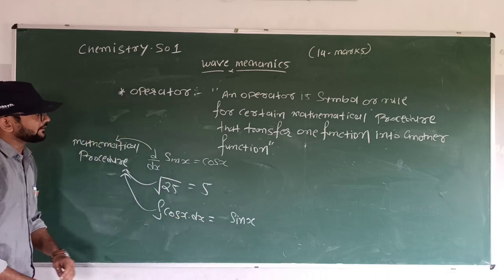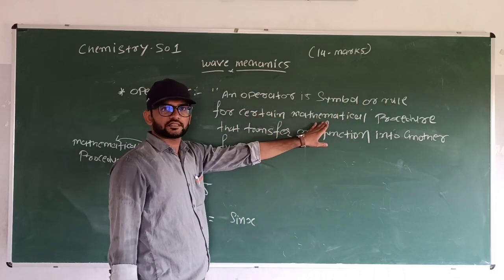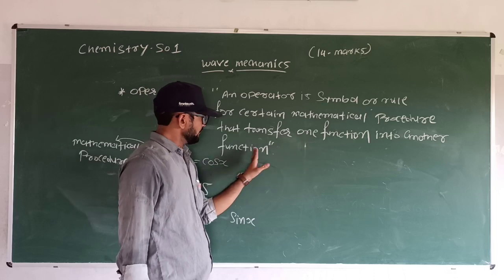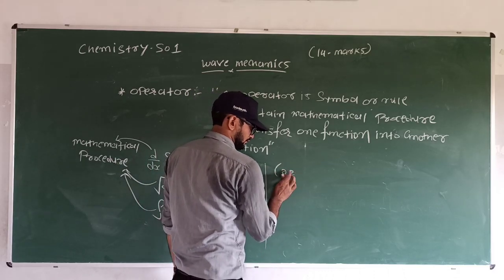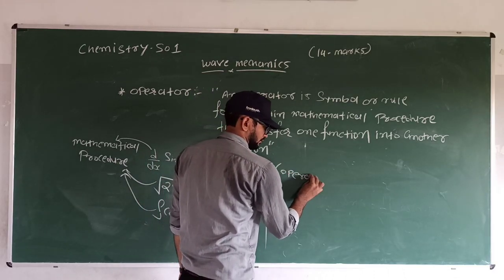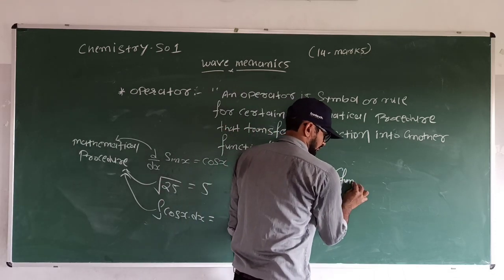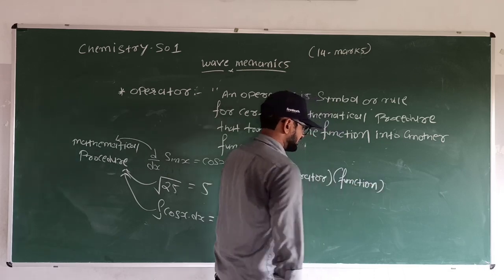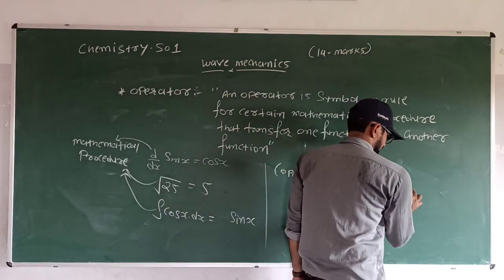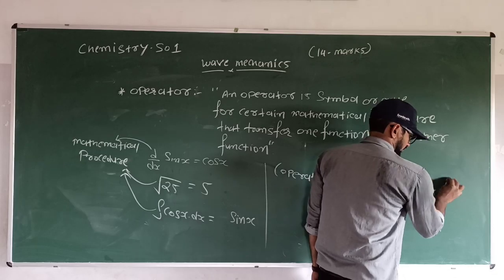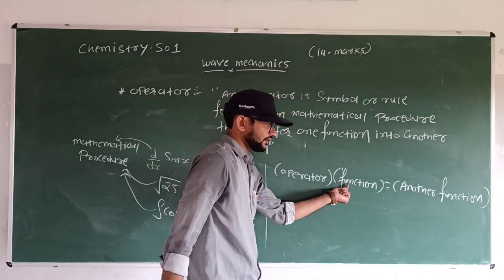Therefore, what do you mean by operator? An operator is a symbol or rule for a certain mathematical procedure that transforms one function into another function. So here the role of operator is to operate on a function and convert this function into another function.